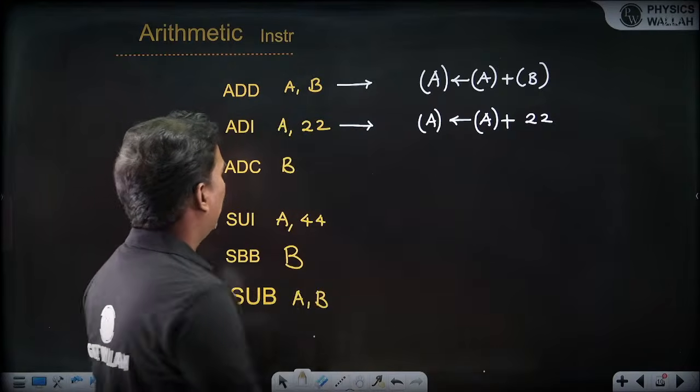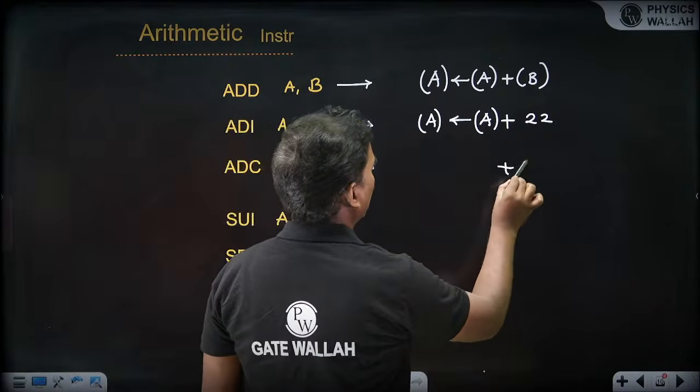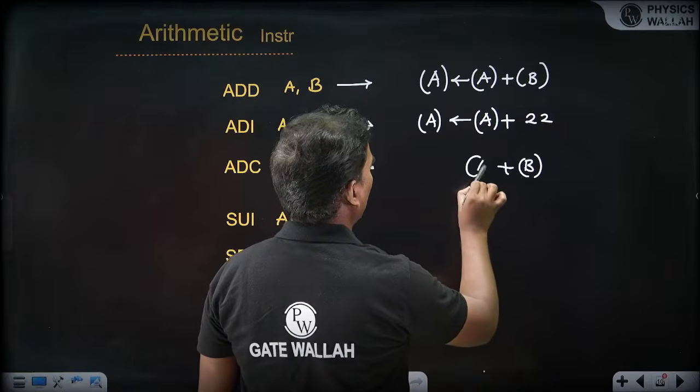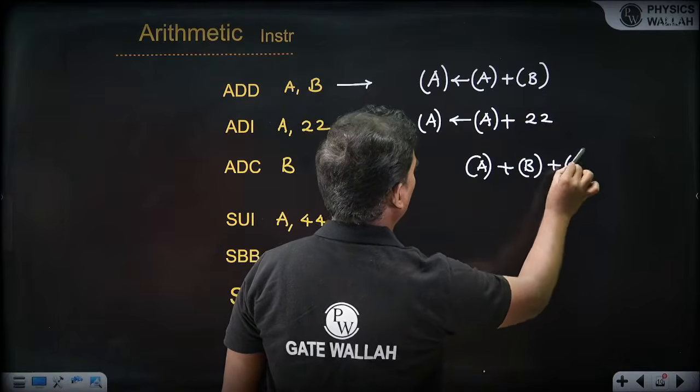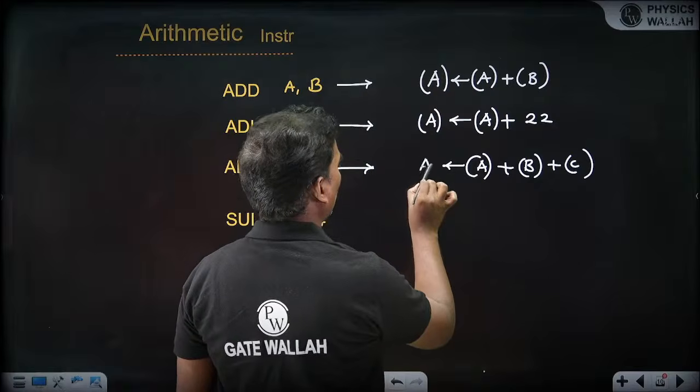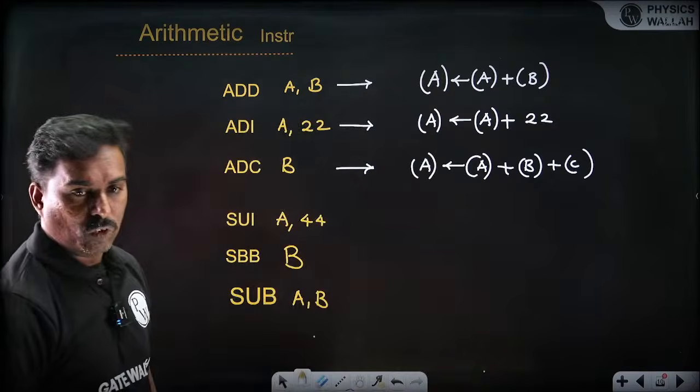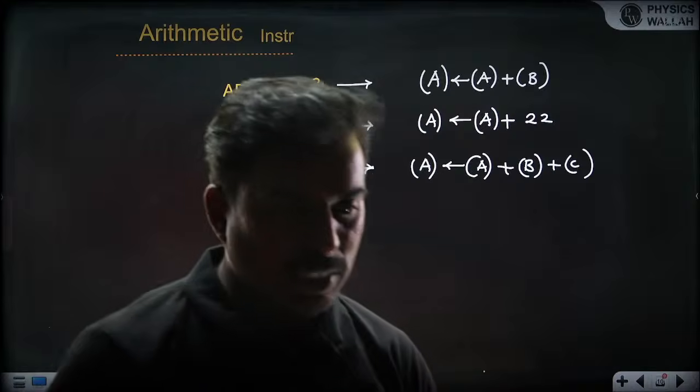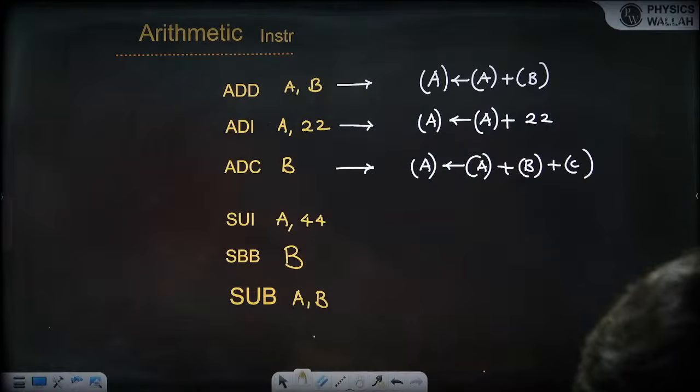Next, ADC with B means the content of B, the content of A, and the content of the carry flag are all added and the result is going to be stored in A. Got it? Are you understanding, my dear? Yes. Increment and decrement also come under arithmetic instructions.